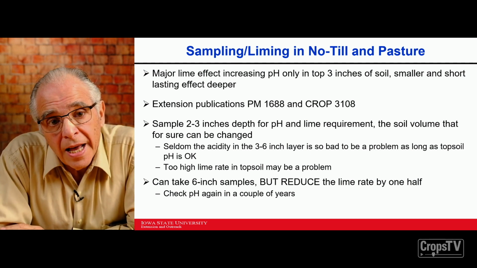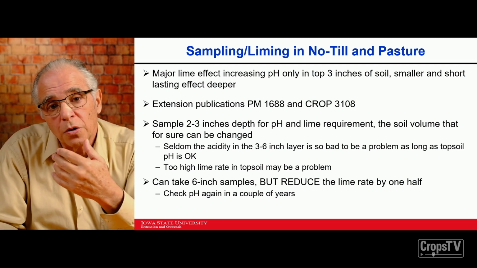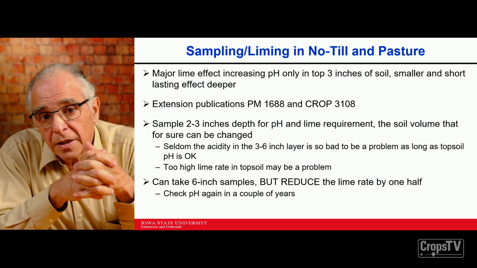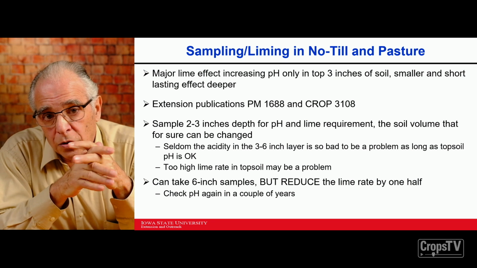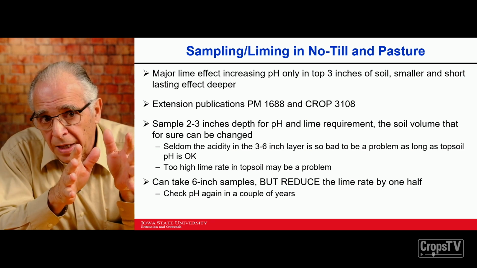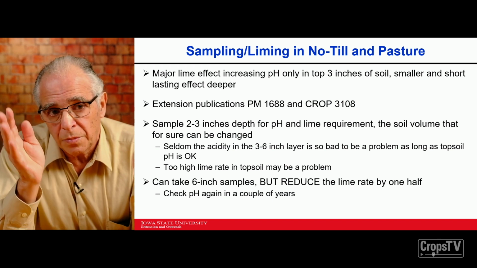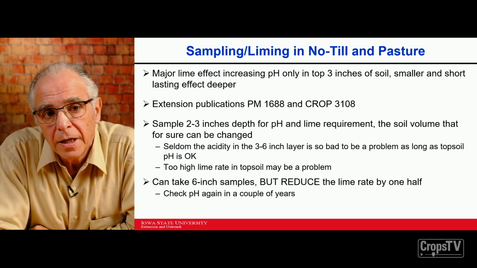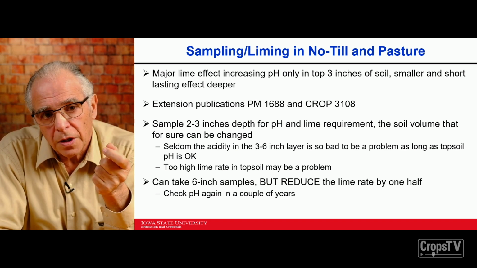But if the lime application rate is calculated to neutralize pH down to 6 inches, then you need to reduce the lime rate by 1/2, okay? Because otherwise, you will be applying too much lime, okay? So you should apply half the rate, and then check pH in a couple of years. I wouldn't go to sleep and not check pH for 4, 5, 6 years, just in case, okay? This is important because there is lots of confusion out there.